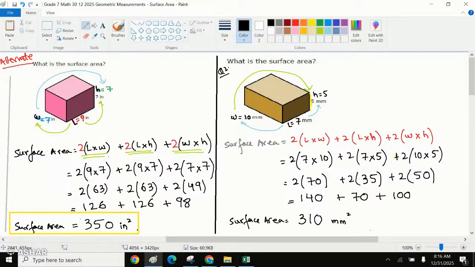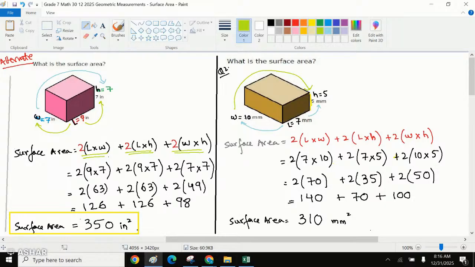Okay, why 220? 140 plus 100 plus 70, right? That's 310. Prem, why did you write 220? See, this is length multiplied by width.